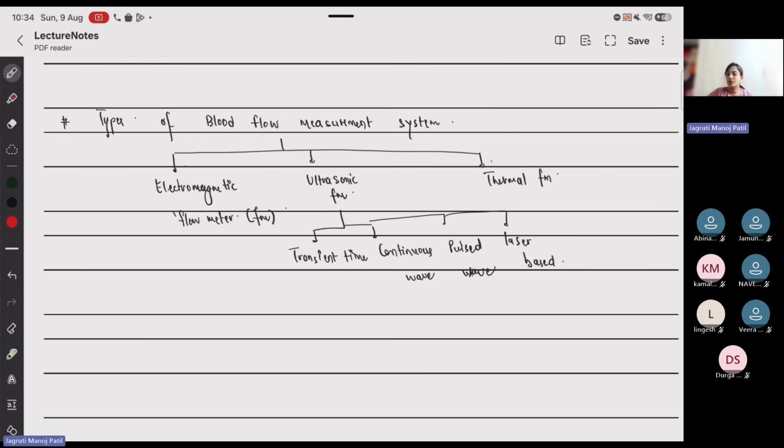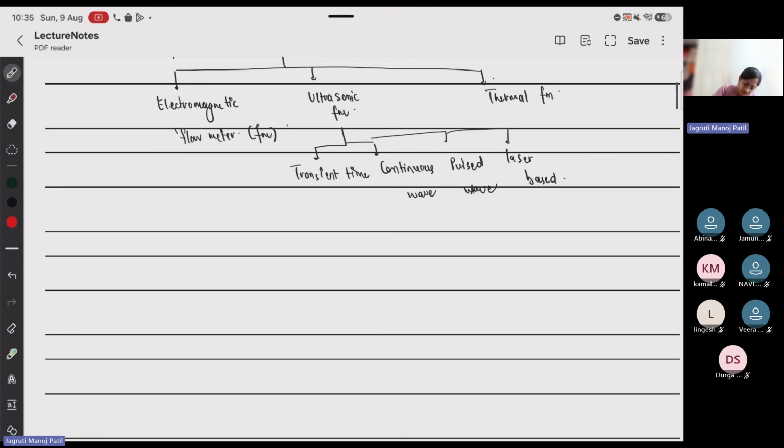So first we'll go into the electromagnetic flow meter. So you have electromagnetic flow meter. What happens on this? This works on Faraday's law. Any one of you here remember what Faraday's laws are about?